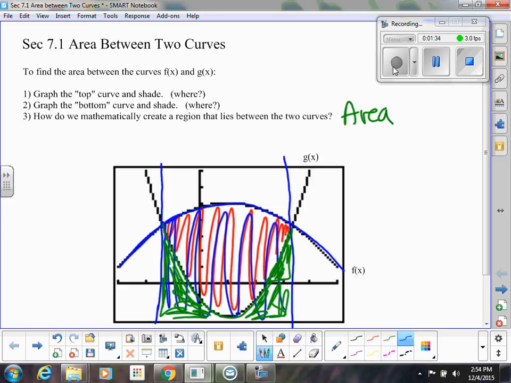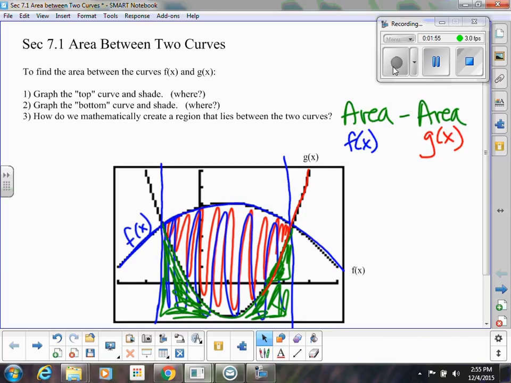Let's call the top curve f of x. And then I'm going to subtract the area of the bottom curve. We'll call the bottom curve g of x. Oh, it's labeled there, g of x.